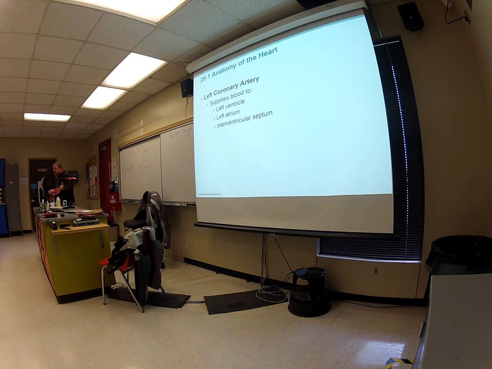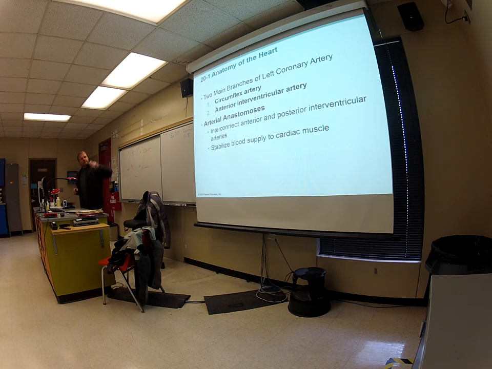Now, we've got it somewhat mapped out. And it says interventricular septum. So, let's just go ahead and logically work through this. I'm going to switch from red to blue. Circumflex artery, not so easy, but the next one, anterior interventricular artery.